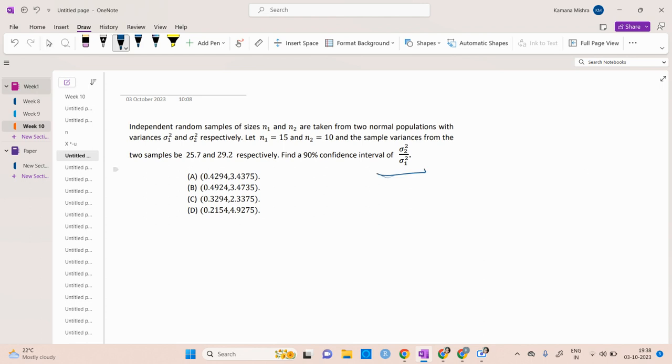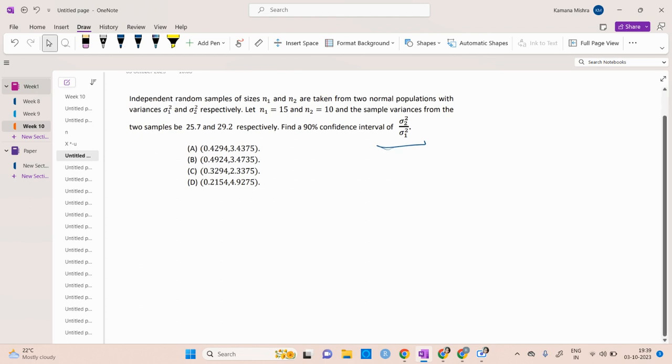Now, if you may remember, we have seen that when you have sigma 1 square divided by sigma 2 square, anything like this, then this will follow F statistics, right? So F statistics with the degree of freedom, if you have s2 square in the above, that will be 14, 9, right?